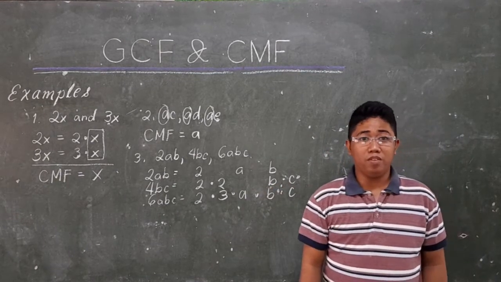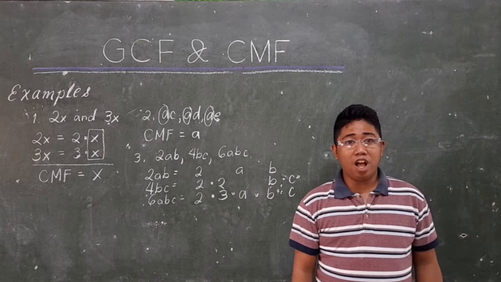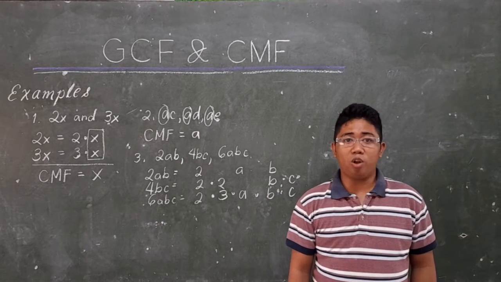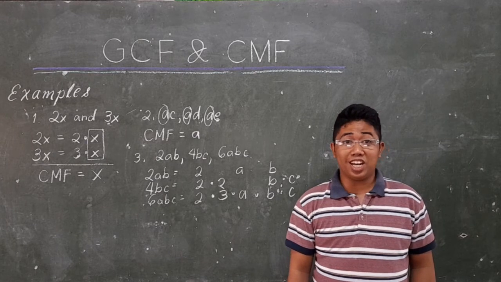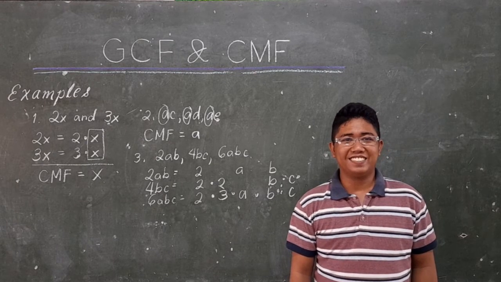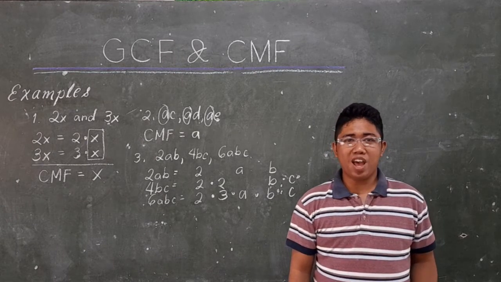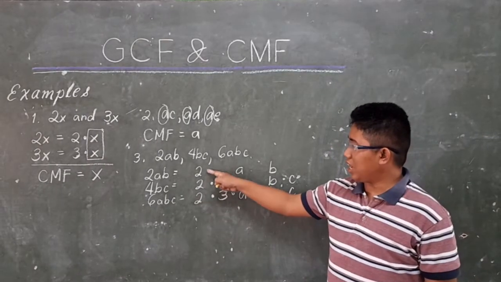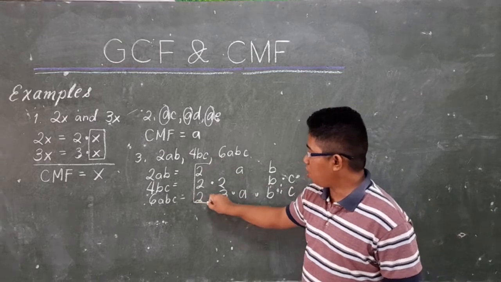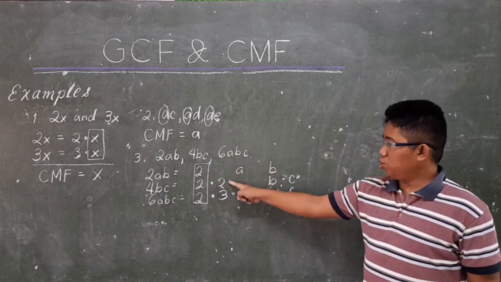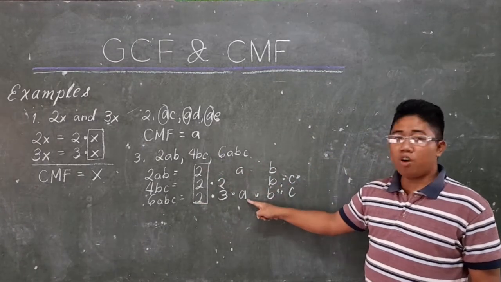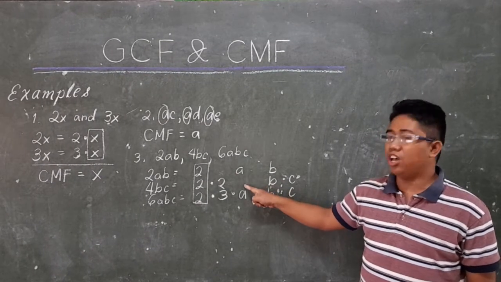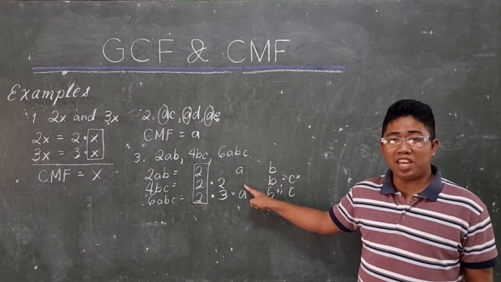Okay, question. What are the numbers and variables that are common among these three monomials? Among these three, 2 and 3 are not common. Even though there are 2 A's, A is not common because there is no A in the other monomial.